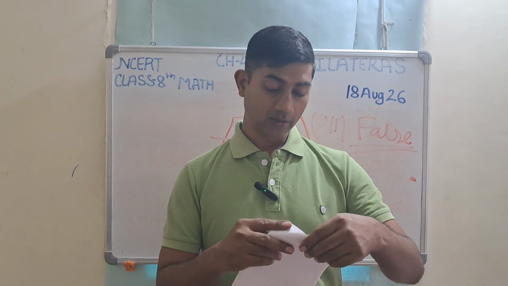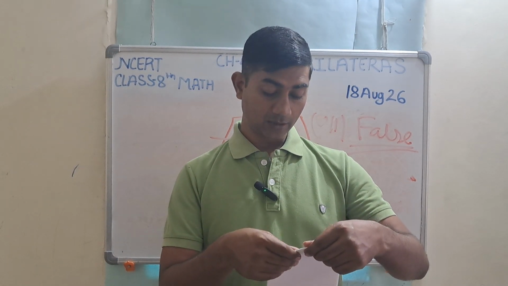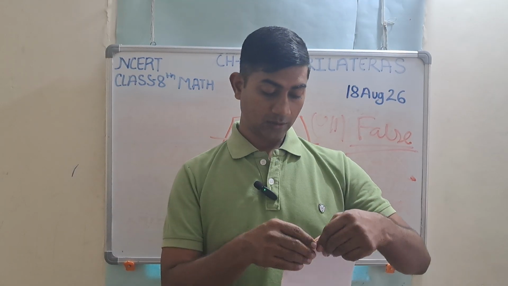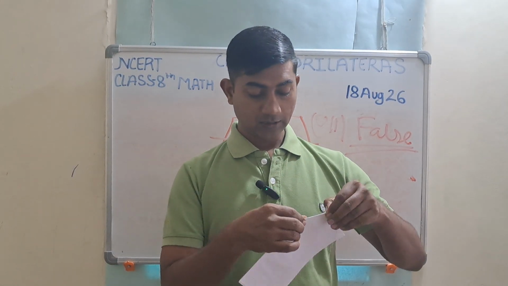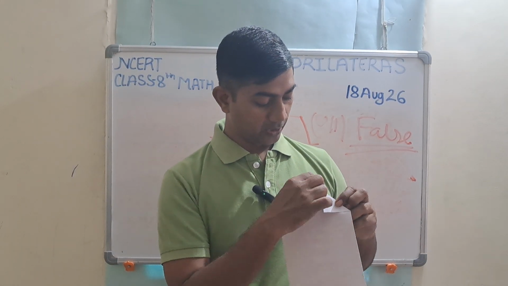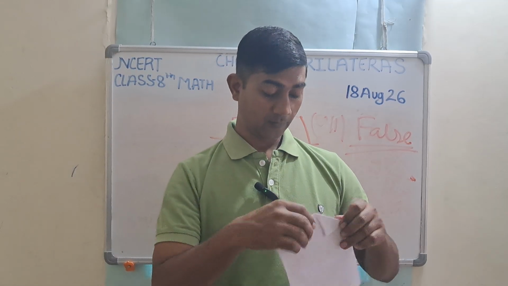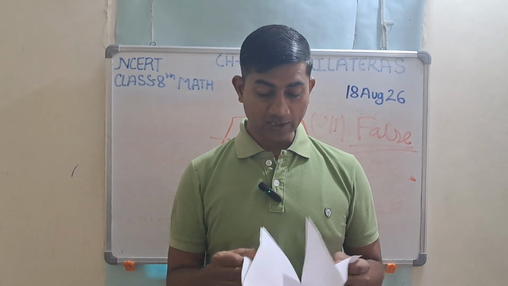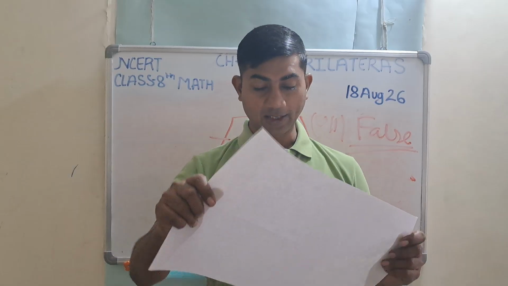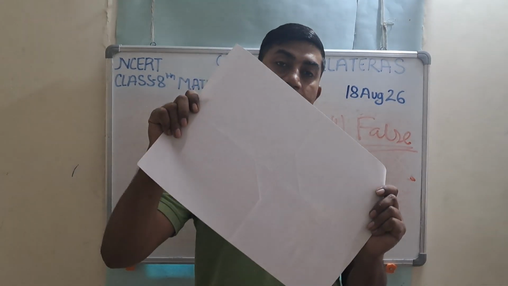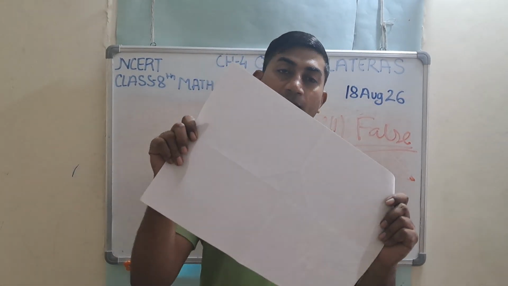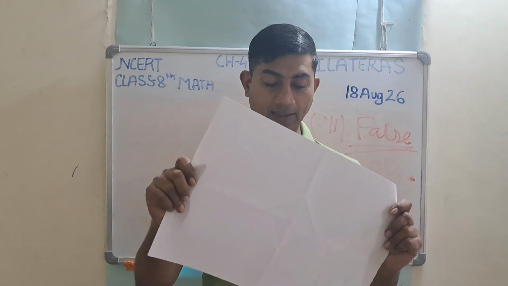Now we will fold it in such a way that this side should be equal to this side. Now when I open this paper, it should look like a square. Yes, can you see? It is a square, and you can make many more squares like this.